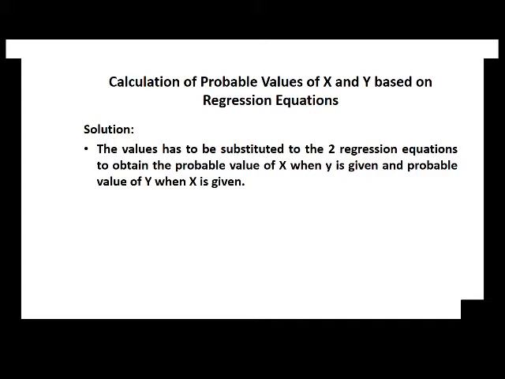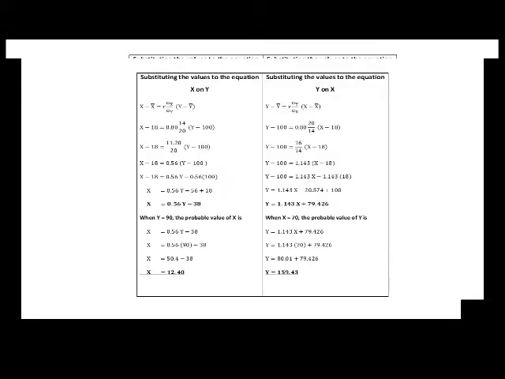The x on y equation gives the probable value of x when y is given. First, substitute the values into the equation x on y. The formula is x minus x bar is equal to correlation times standard deviation of x divided by standard deviation of y, times y minus y bar.